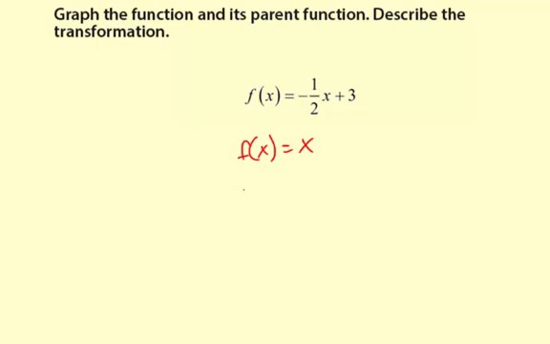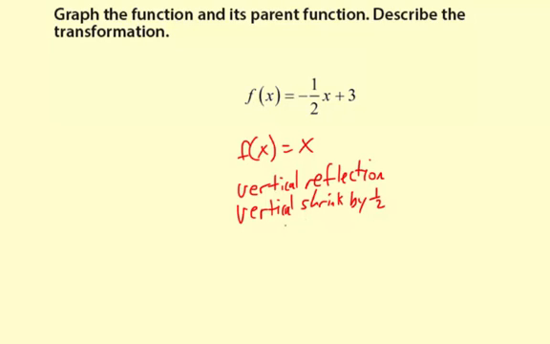So that's the final transformation. So we have a vertical reflection and a vertical shrink by a factor of 1/2, and we have a vertical translation three up.